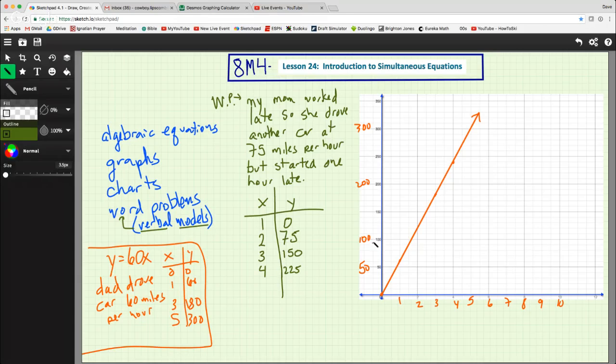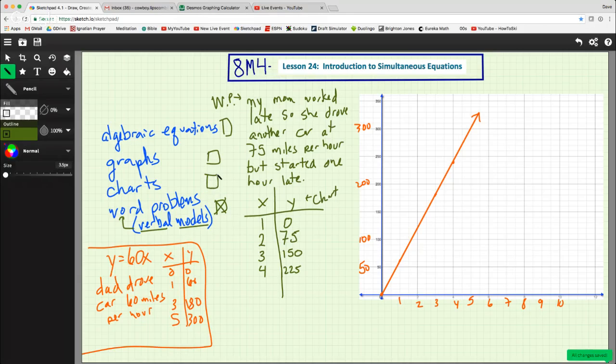So let's plot this. So we'll do this one in green. My mom, so this is our chart. We haven't done our algebraic equation yet, but let's just do our graph. Sorry, we haven't done the algebraic equation. I'll put little boxes here and we'll check them off as we do them. So we started with the word problem.